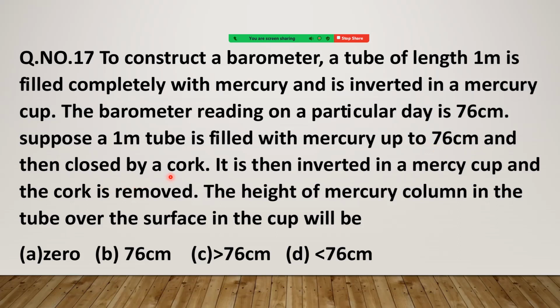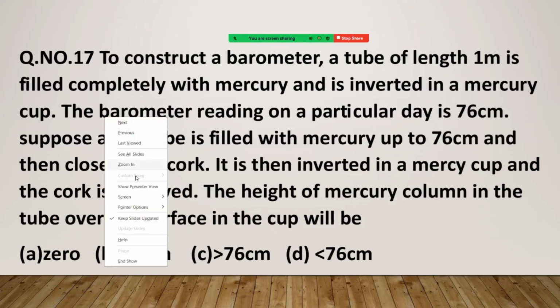So here, instead of filling completely, he is filling only up to 76 and then closing by a cork. It is then inverted in a mercury cup, and the cork is removed. The height of the mercury column in that tube over the surface in the cup will be? See where the change comes.